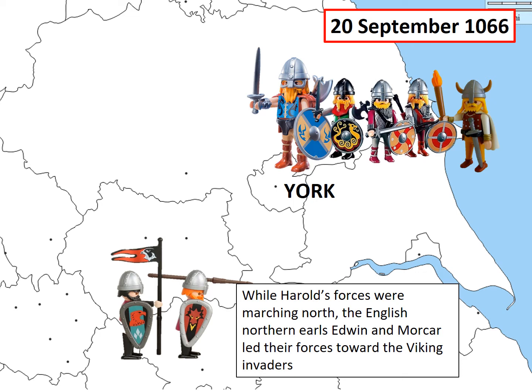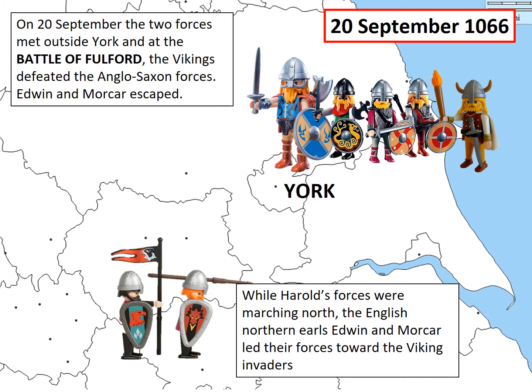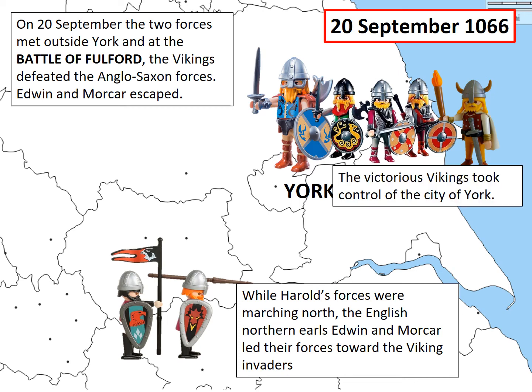So there are two battles that happen in York. And the first one is this one, where Harald and Tostig fight the forces of Edwin and Morcar. And on the 20th of September, those two forces meet outside York at the Battle of Fulford. And at the Battle of Fulford, the Vikings, Harald and Tostig, defeat Edwin and Morcar, who escape, and the Vikings take control of the city.